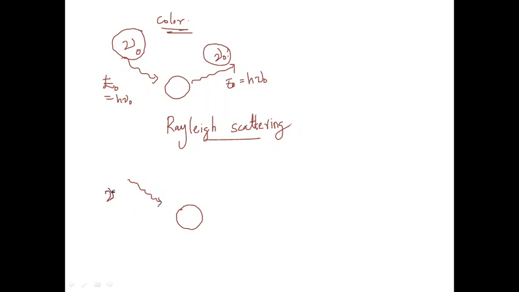Suppose the incident frequency is nu 0, the incident energy is E0, and the molecule scatters off this light with a different frequency, say nu 0 minus nu, so that the sample molecule has actually absorbed a small amount of energy, say E0 minus E. In this process, the photon has lost some energy. It has supplied some energy to the sample molecule.